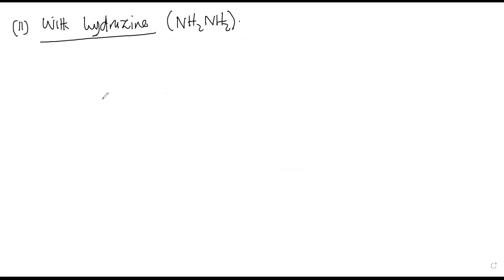Now, we form hydrazones here. When we have hydrazine, we form hydrazones. And since these hydrazones have got the amino group, they may react further with the carbonyl compound to form azine.